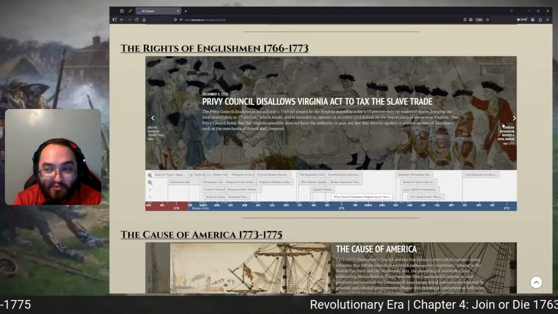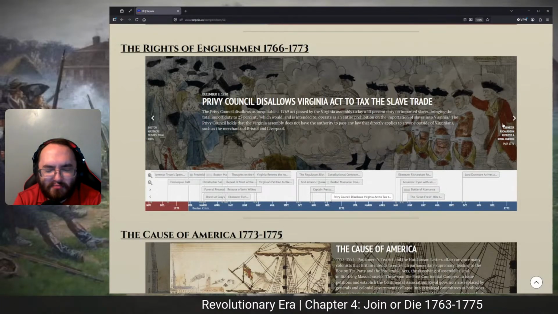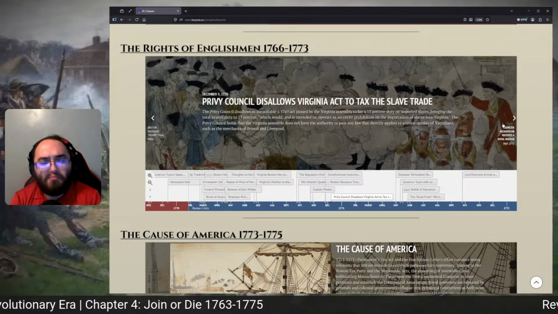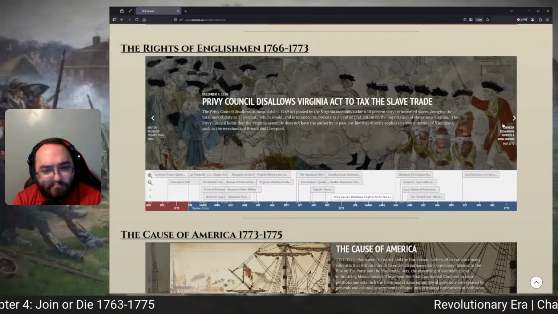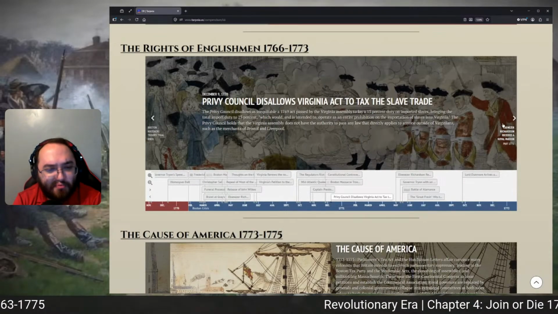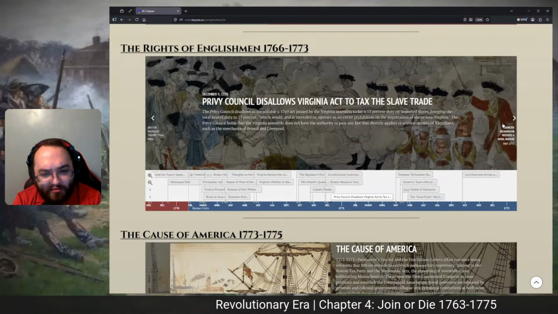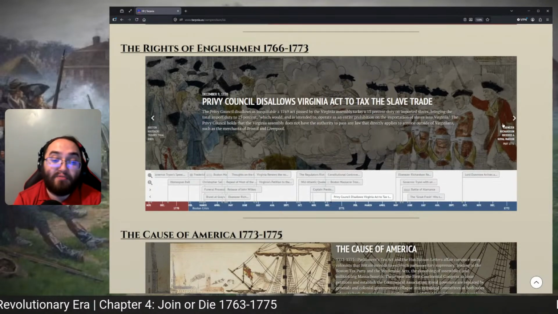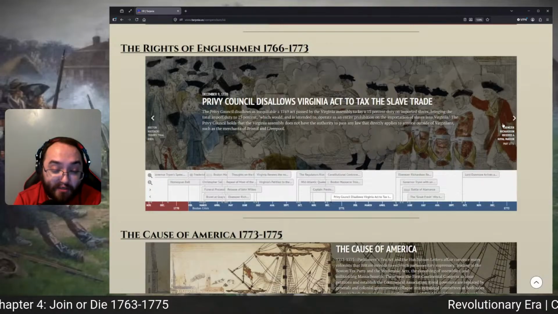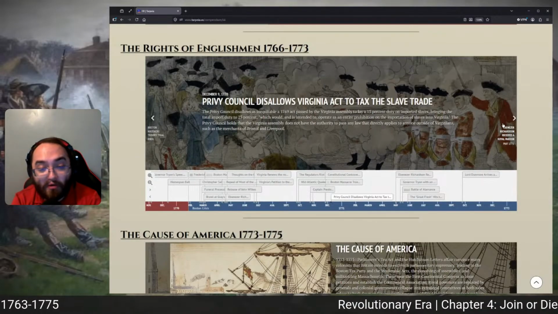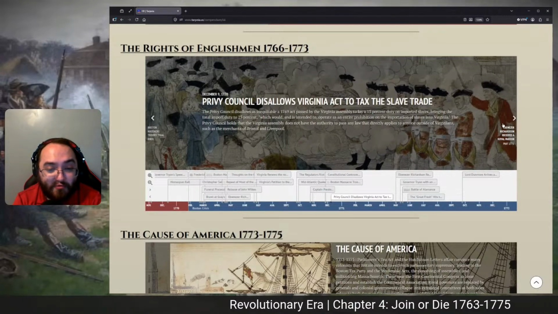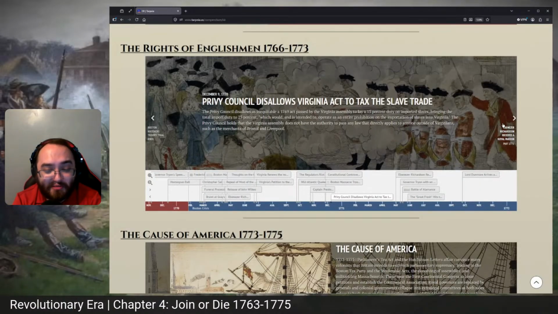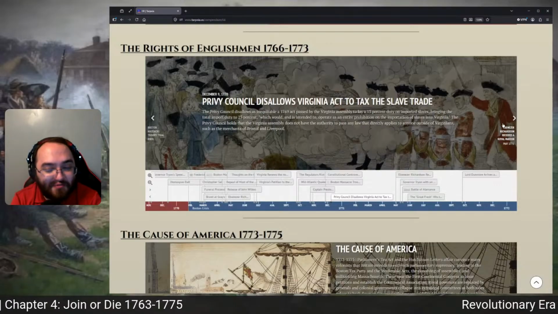And this also goes against the narrative that the American Revolution was fought to maintain slavery. There are more examples of the colonies trying to end slavery, or at least heavily restrict the slave trade, than there are examples of the colonies trying to defend the slave trade.